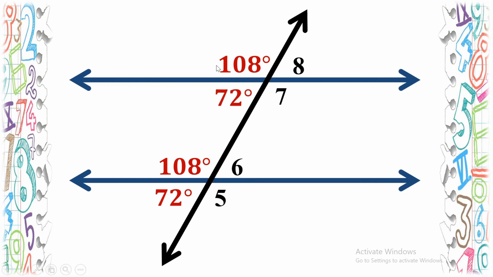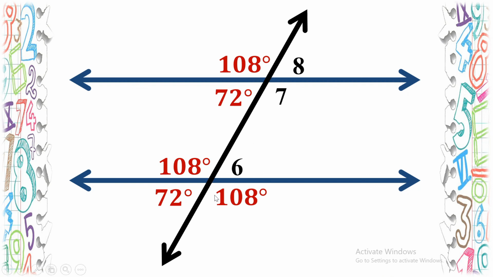Now, considering again this angle with measure 108 degrees, note that this angle and angle 5 are alternate exterior angles. Therefore, they are congruent. That means angle 5 also measures 108 degrees.